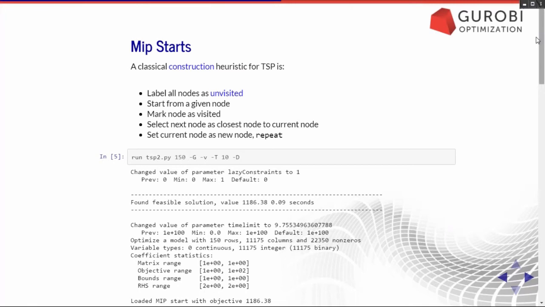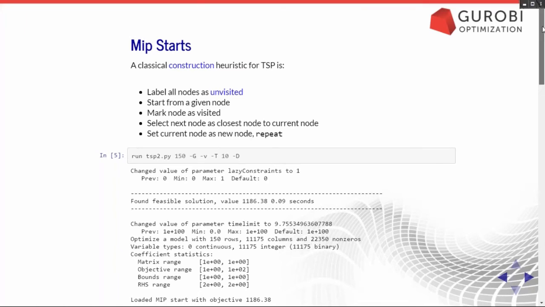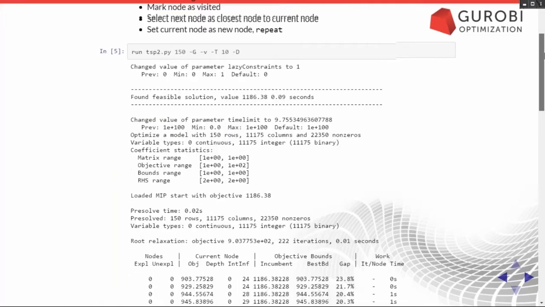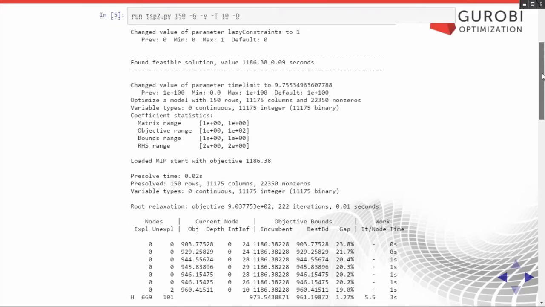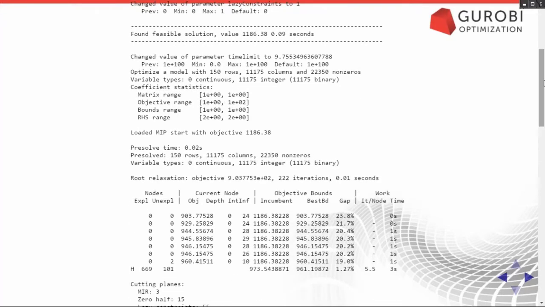So what happens now if I also enable, and this minus G is enabling in my script the greedy heuristic on the problem? First of all, finding the first feasible solution is really trivial. It doesn't take any time, only a fraction of a second. But now two things really happen.